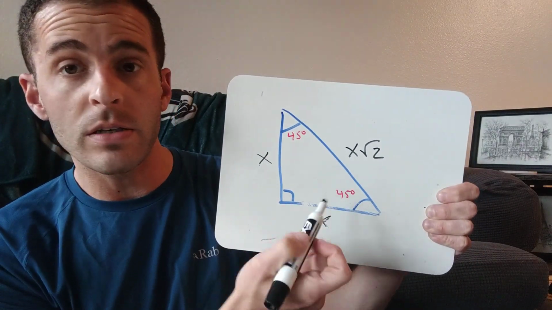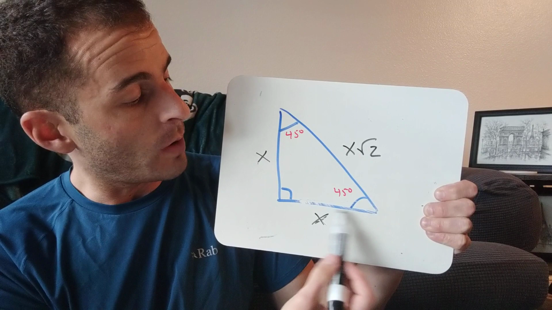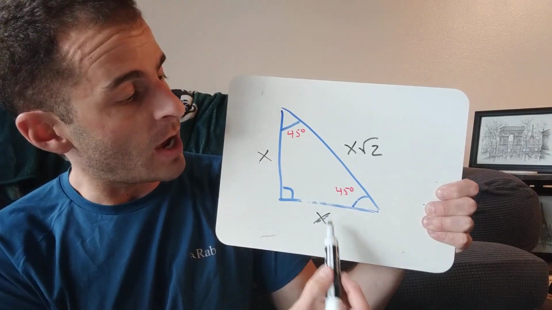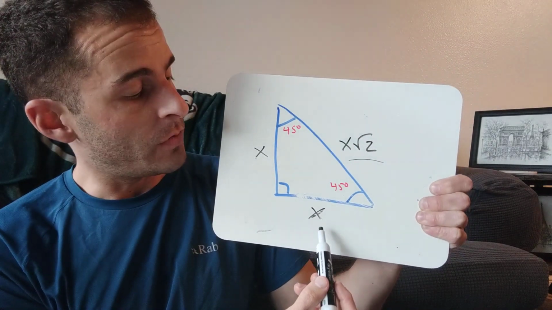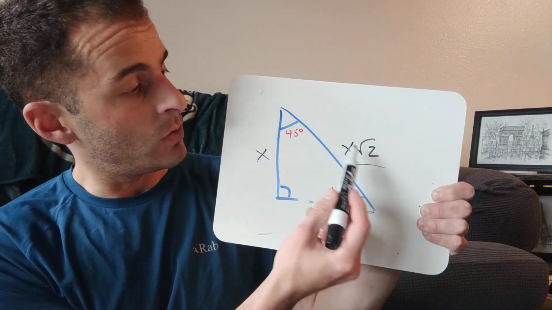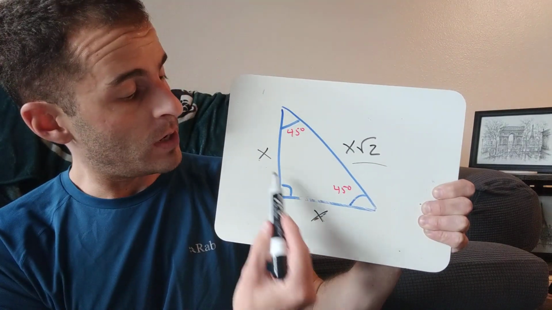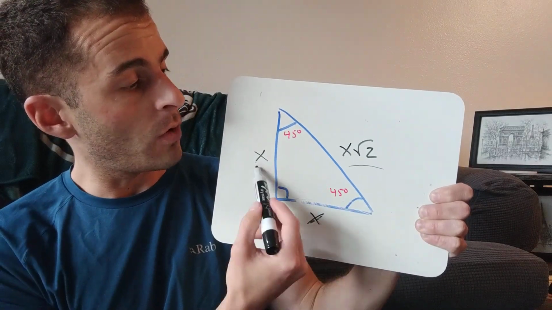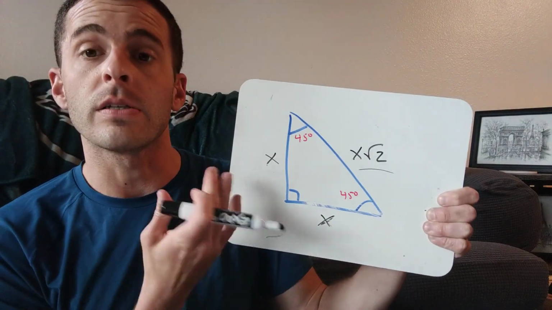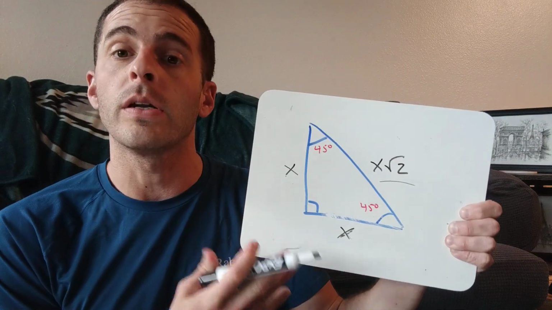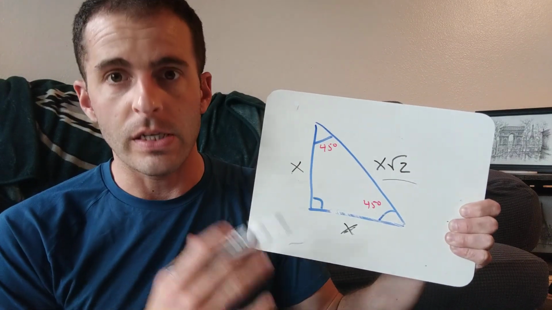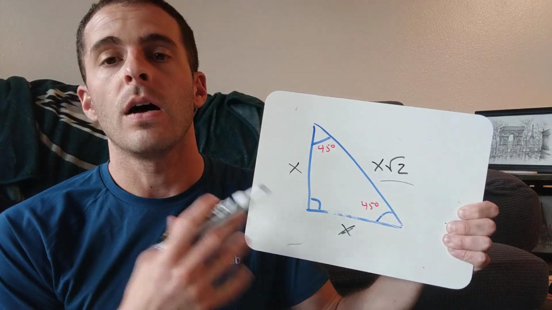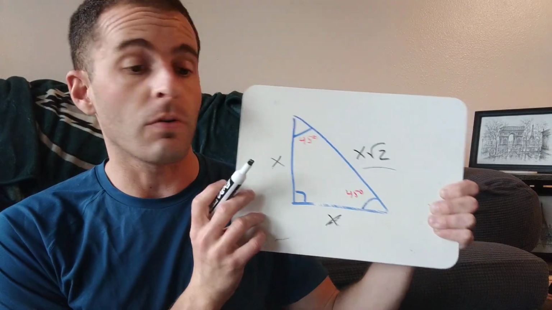If they're the same degrees, the angles form the same length of sides, and then the hypotenuse here is x rad 2. So if this is 2, this is 2, this is 2 rad 2; 3, 3, 3 rad 2; 4, 4, 4 rad 2, for instance. And this pattern is really important to easily solve for sides, and then the sine, cosine, tan, cosecant, secant, cotangent trig functions of right triangles.